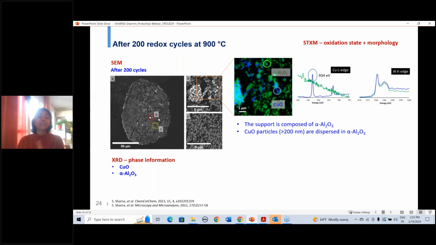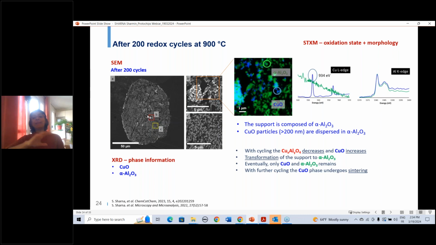After more cycling, the copper oxide will eventually form very big particles. So what happens as a function of cycling is that copper aluminate decreases and copper oxide increases. We see transformation of the alumina support, and eventually only copper oxide and alumina remain. With further cycling, the copper oxide phase undergoes sintering.